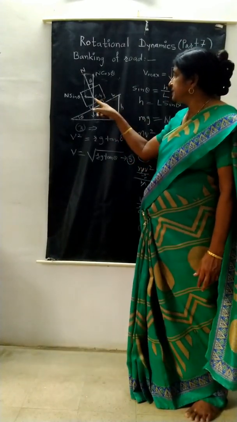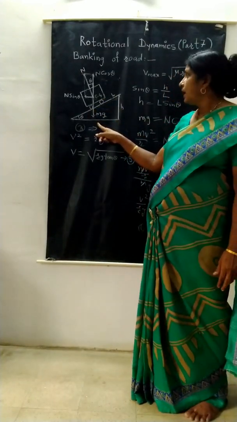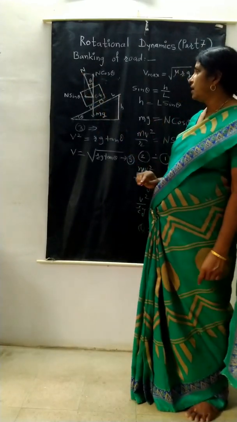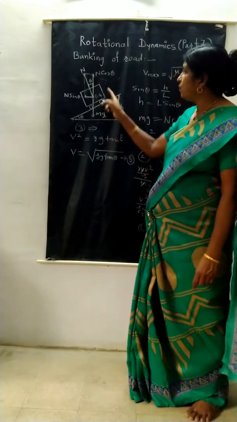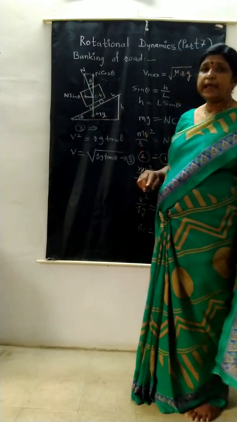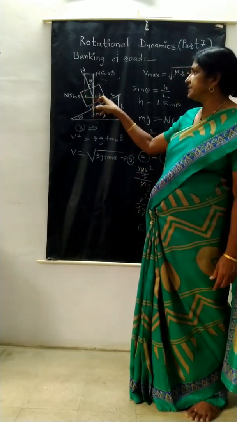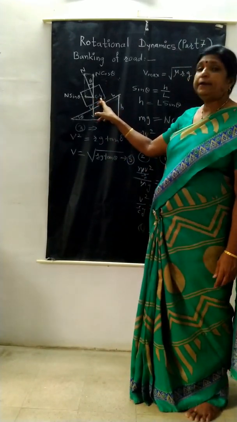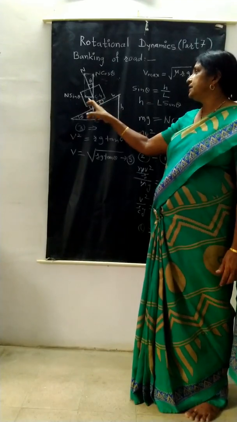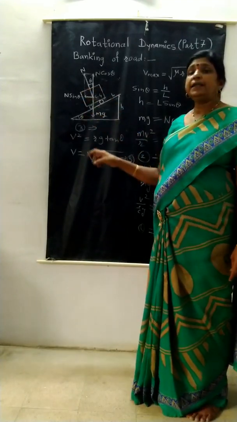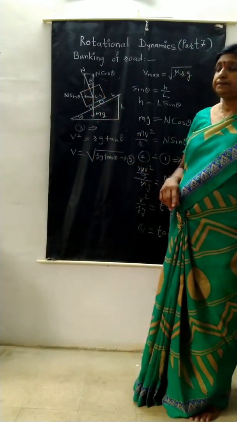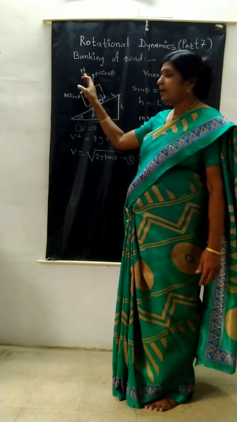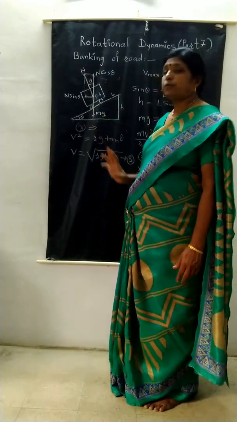One of them is mg and another is the normal reaction N. Here, we are going to consider the vehicle as a point mass. This is the center of gravity or center of mass of the vehicle, and we consider the complete vehicle replaced by this single point. Hence, I have shown the normal reaction N and also the weight mg from the same point.